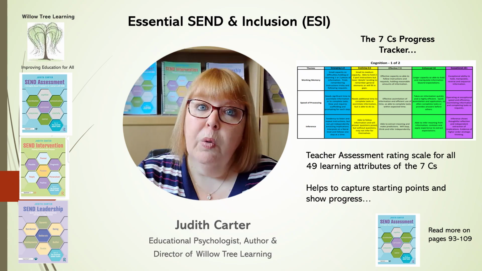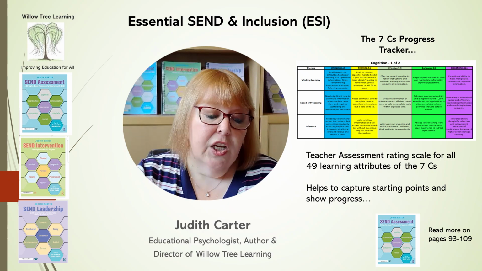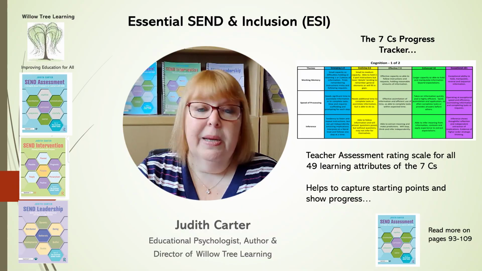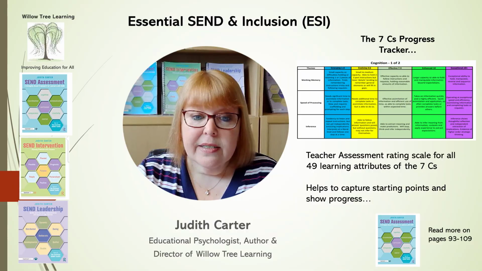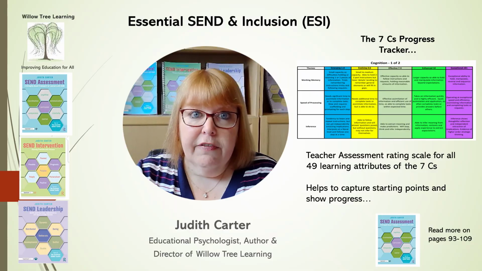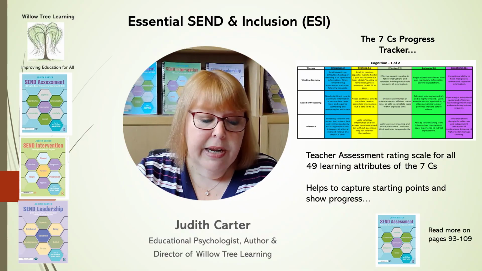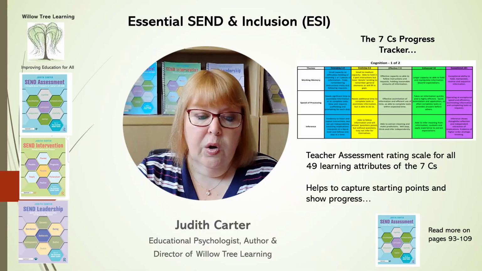So in emerging 1 to 3 on working memory, it says small capacity, so difficulties holding or retaining 1 or 2 pieces of information, finds remembering instructions tricky and following requests. So in agreement with the learner themselves and their family, the teacher can agree that perhaps they're going to be emerging 2, and that is their starting point.